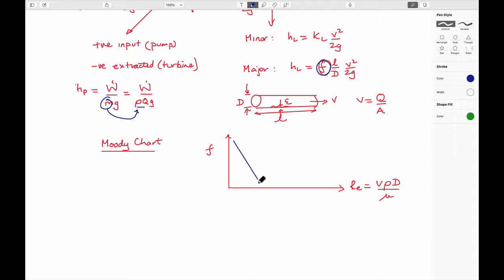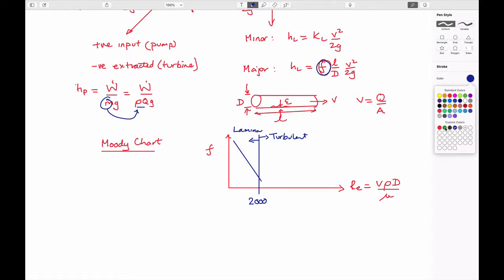If we look at the typical behavior of the system, then around a Reynolds number of 2000, we go from being laminar to turbulent across this boundary, which is an important boundary to understand, I guess.